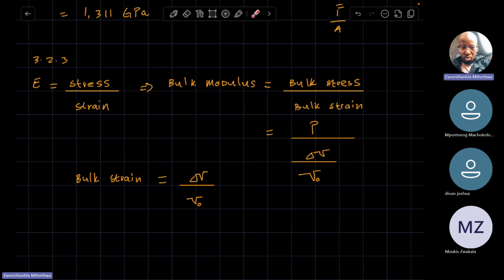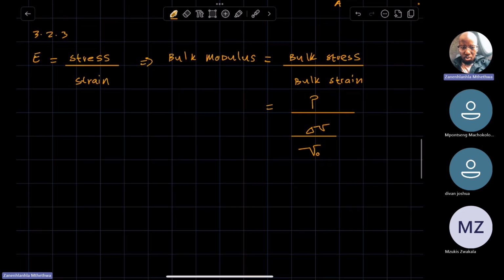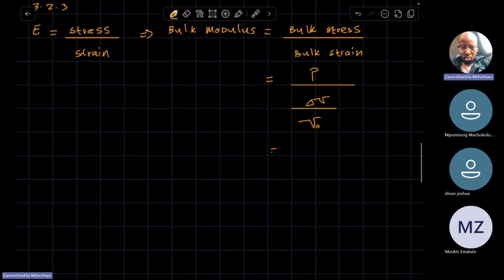And then, of course, you would manipulate this formula so that it makes sense mathematically. By that, I mean you have to multiply the denominator and numerator by the original volume. Hence, you will end up with pressure times the original volume divided by the change in volume.